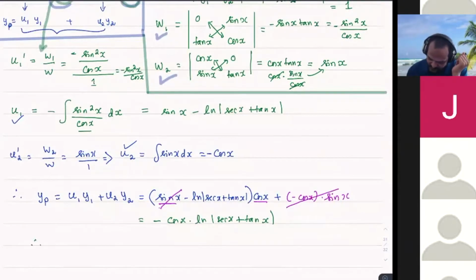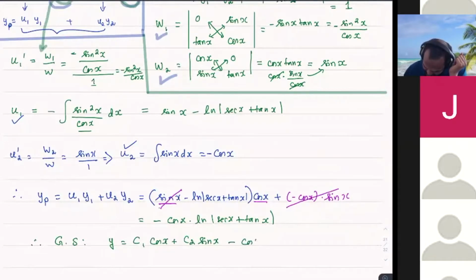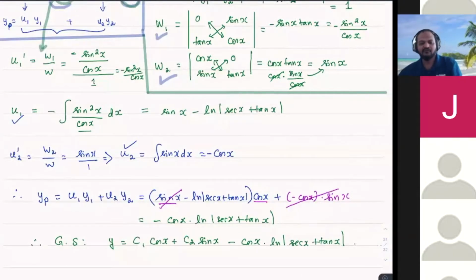So therefore, in this case, the general solution is y equals c1 cosine x plus c2 sine x minus cosine x multiplied by ln of secant x plus tan x. And that's how we solve this particular problem.